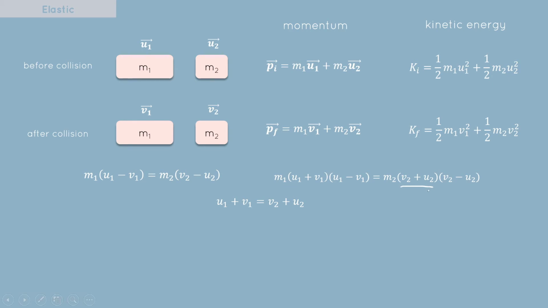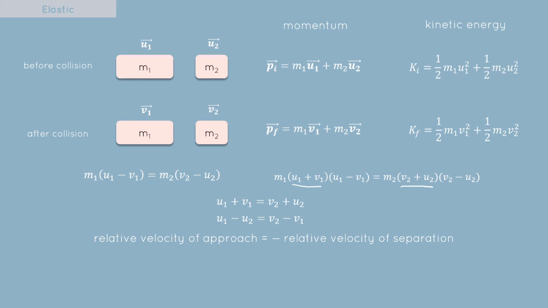This is what's left. Doing a bit of rearrangement, we will get u1 minus u2 equals v2 minus v1. This is known as the relative velocity formula. What's happening here is that the relative velocity of approach is equal to the negative of the relative velocity of separation.